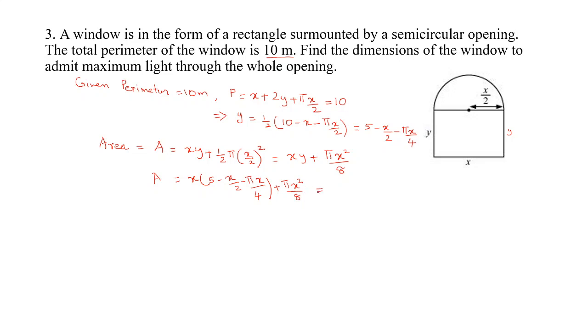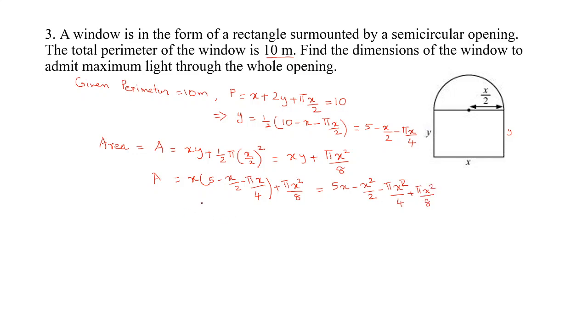So that will get simplified into 5x minus x square by 2 minus pi x square by 4 plus pi x square by 8.